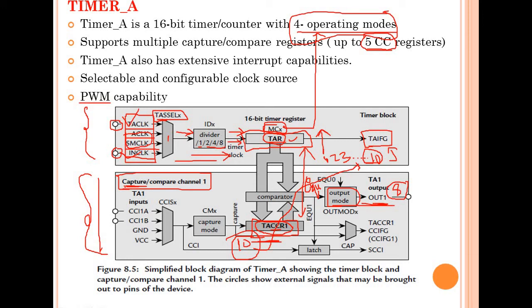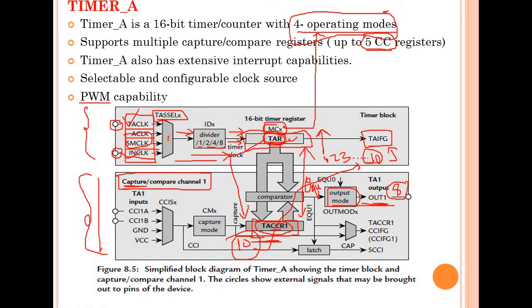It is called capture. See once again, capturing means recording the time at which the input changes. It will record the value present in TAR and save that value in the TACCR register, in capture mode.